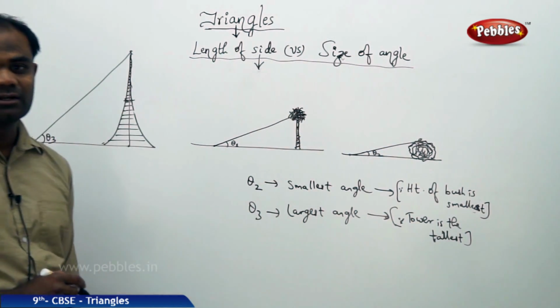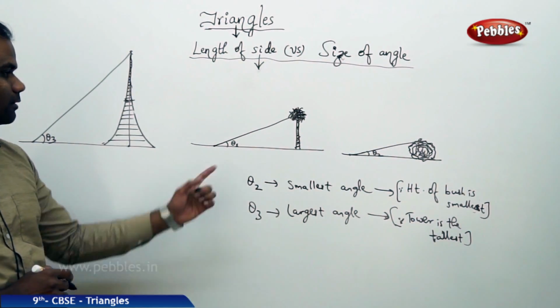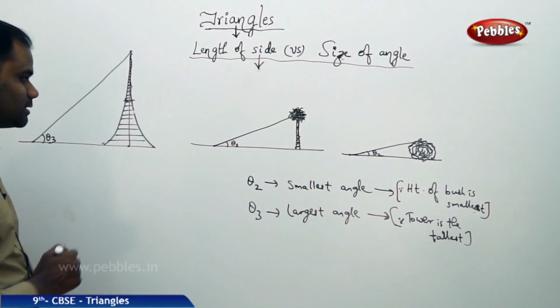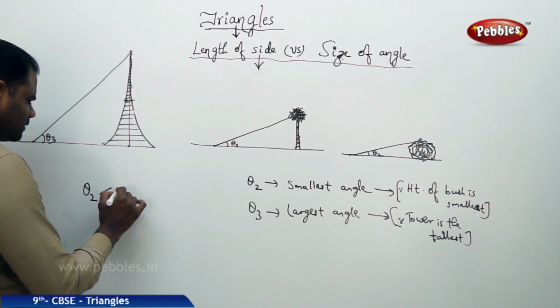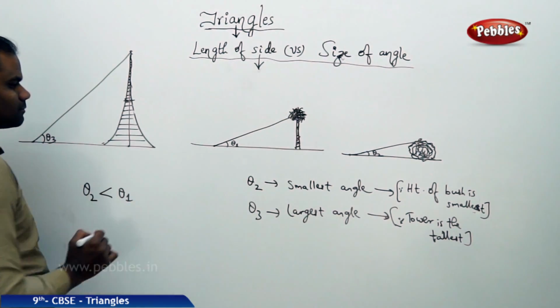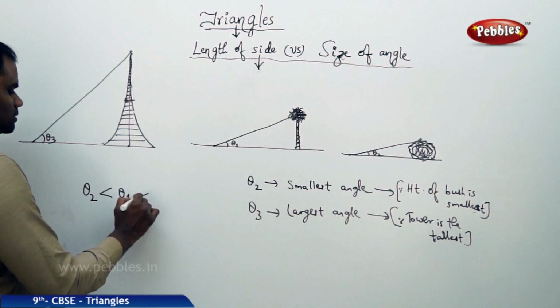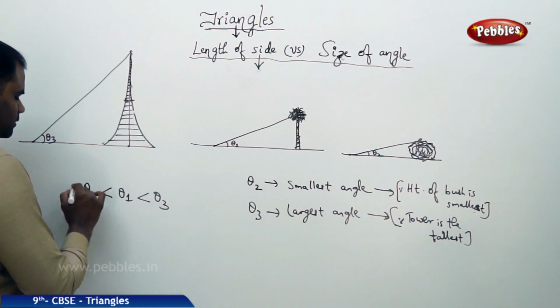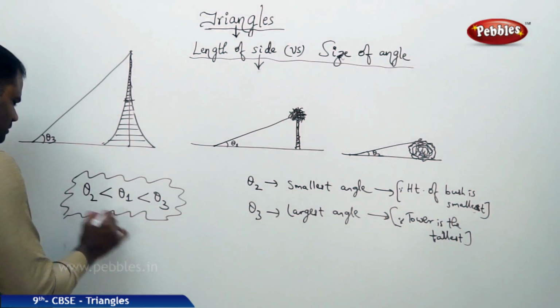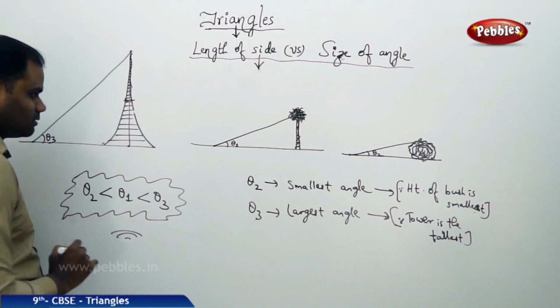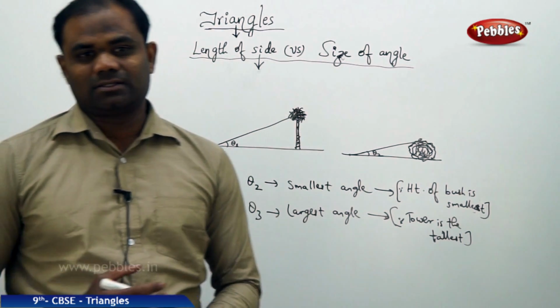That is how we understand the relation. Therefore, connecting the inequality with the angles here, I clearly see that θ2 is smaller than θ1, and next comes smaller than θ3. That is how I connect the real life situation with the angles.